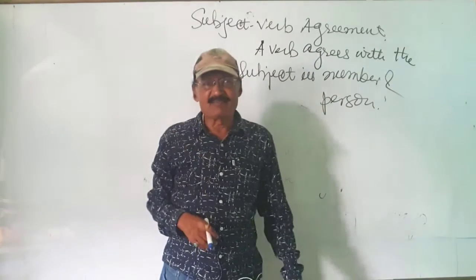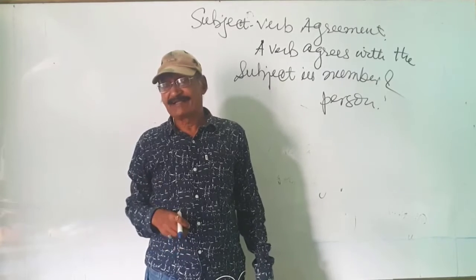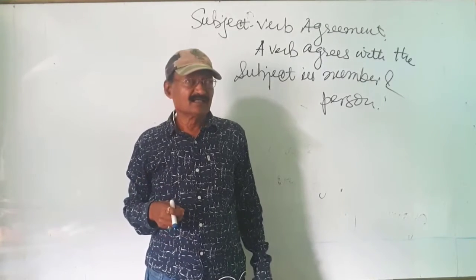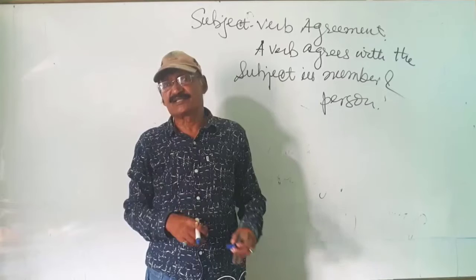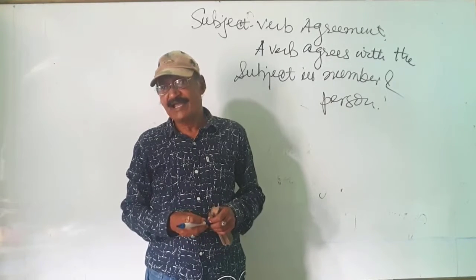What do you mean by number and person? Generally you can tell me that we have two numbers in English grammar, singular number and plural number.